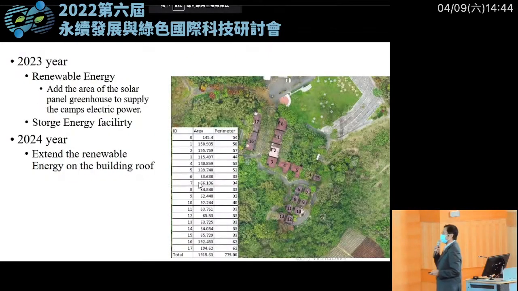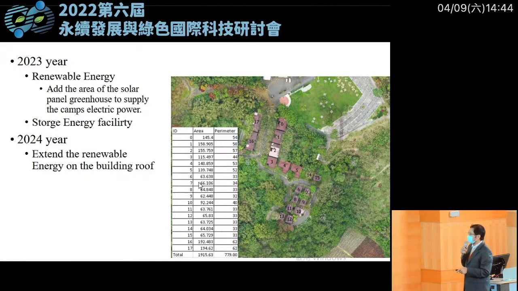The other thing we have planned is here. Here there used to be some wooden houses for our professors on campus. Now all the wooden houses have disappeared. So our plan is to add solar panels here, here, and here. We don't sell the solar power to other places.